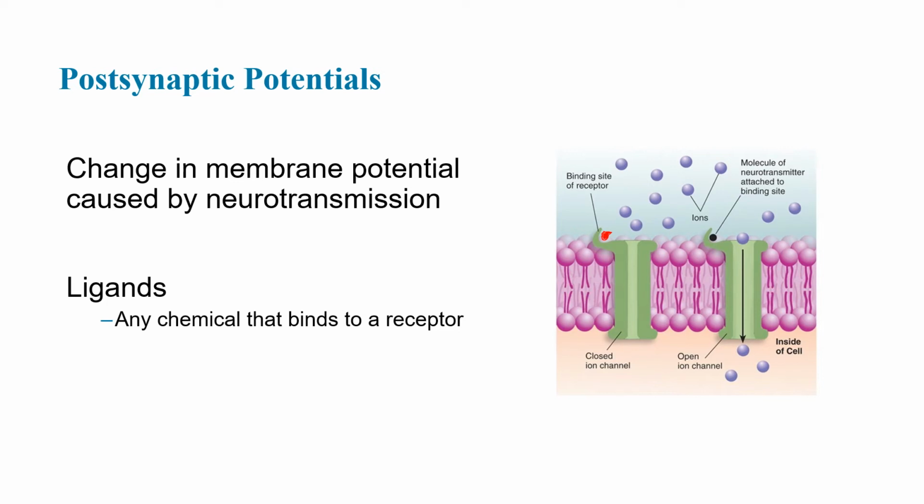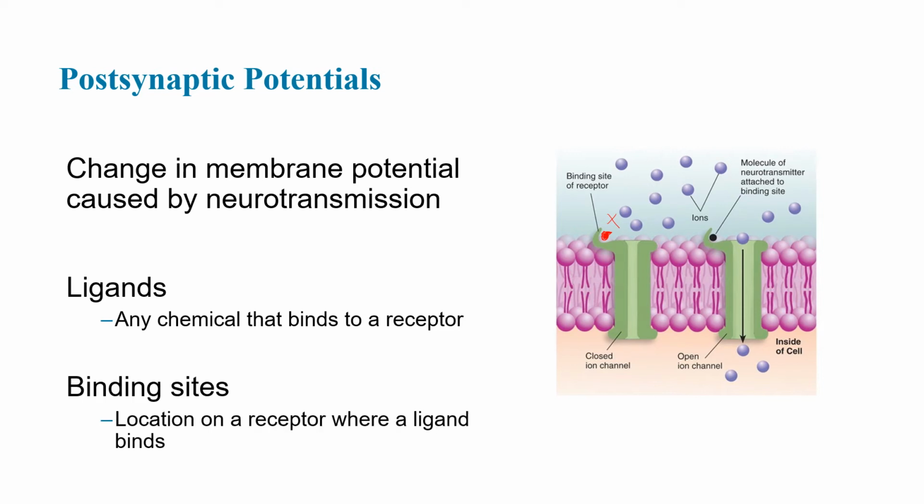It is the correct enough shape that it fits in there, but not correct enough that it pushes down on the receptor site to open up the ion channel. The issue there is it then blocks other neurotransmitters from being able to enter that site. And as we already said, the binding sites are locations of receptors where the ligand binds.